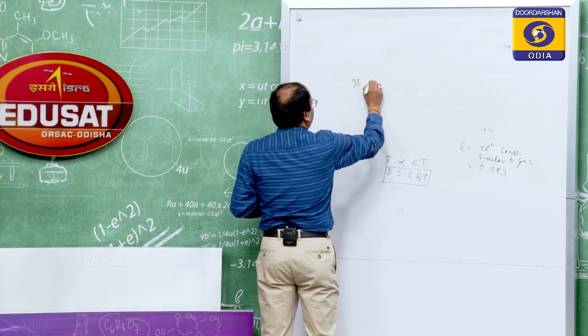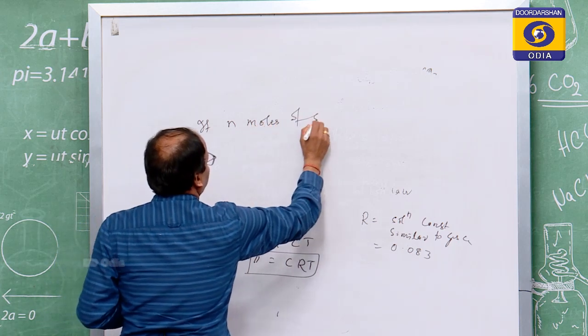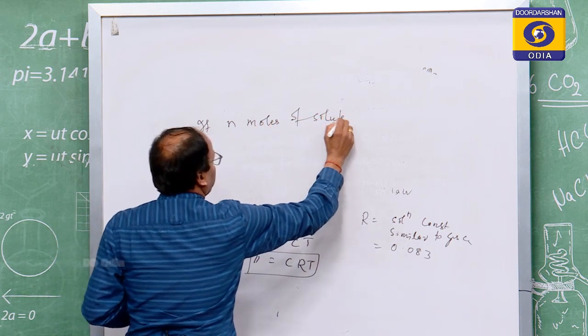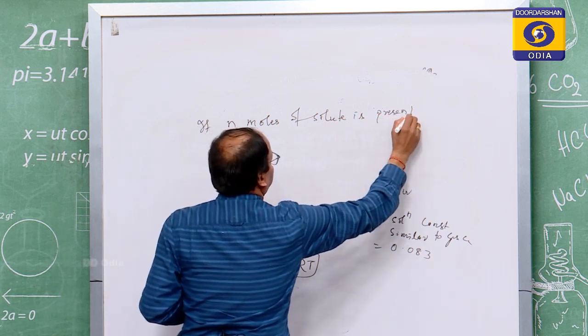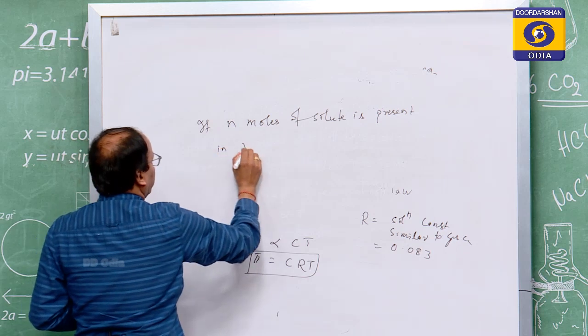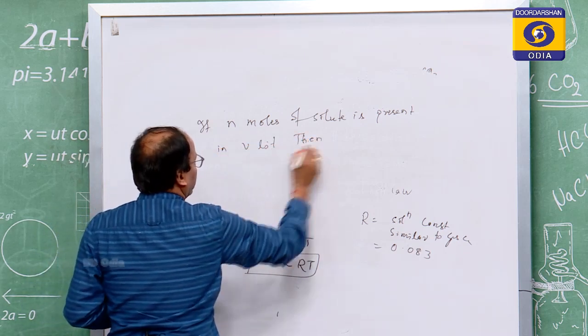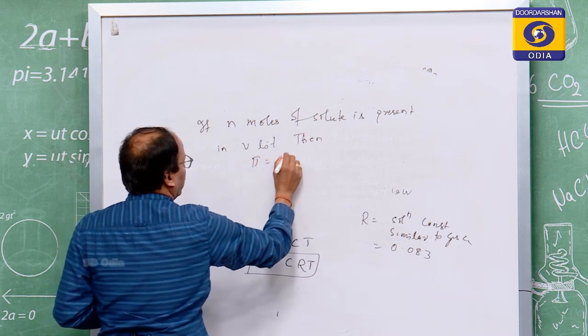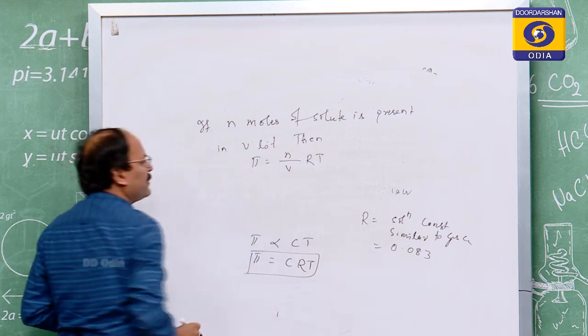If n moles of solute is present in V liter, then pi will be equal to n by V into RT. You can write n by V RT.